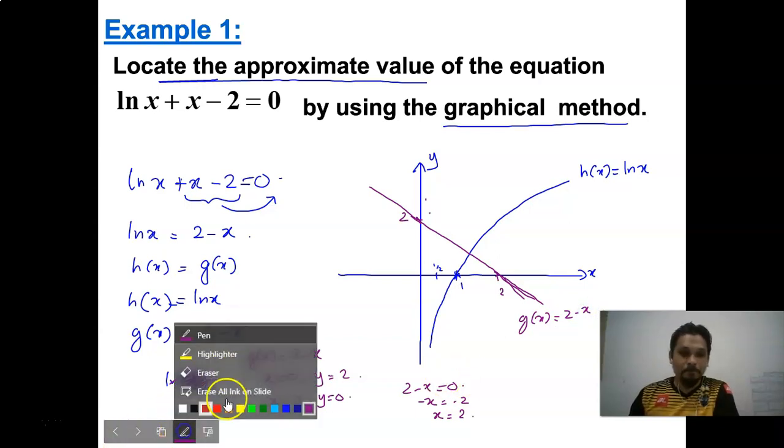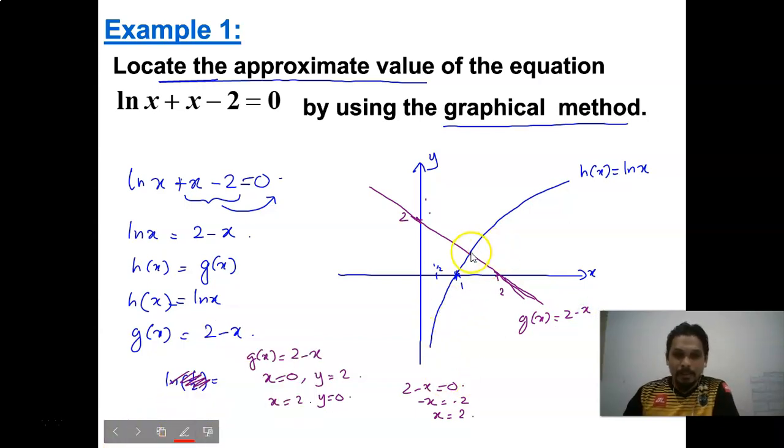Now, this is the intersection point between the graph of h(x) and g(x). Can you give me an idea what the value is?